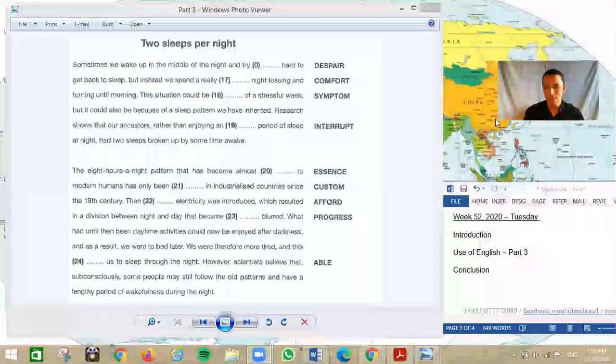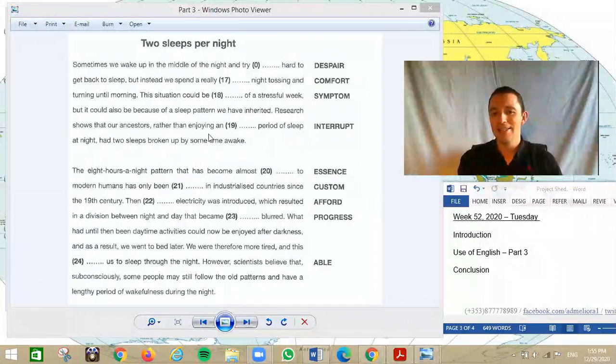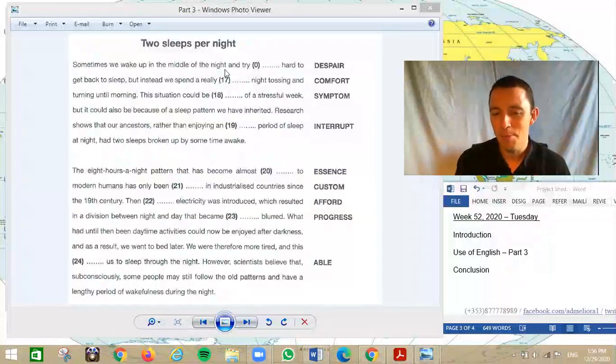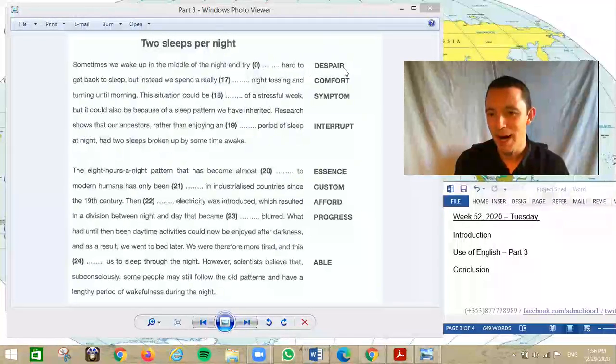So I'm going to share the screen and show you the first exercise that we have. Okay, so here it is on the left, and the title is Two Sleeps per Night. You can see that there's one paragraph and a second paragraph, okay? For example, 0, the corresponding word is despair.